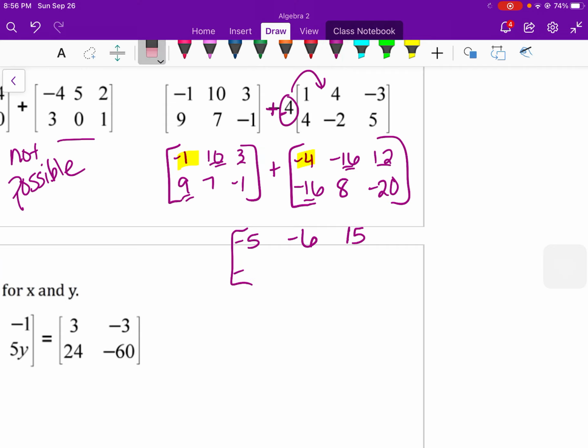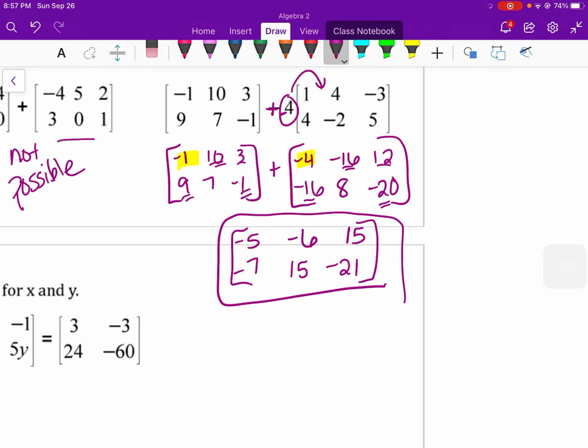No, it's late. -7. 7 plus 8 is 15, and -1 plus -20 is -21, and that would be your answer.